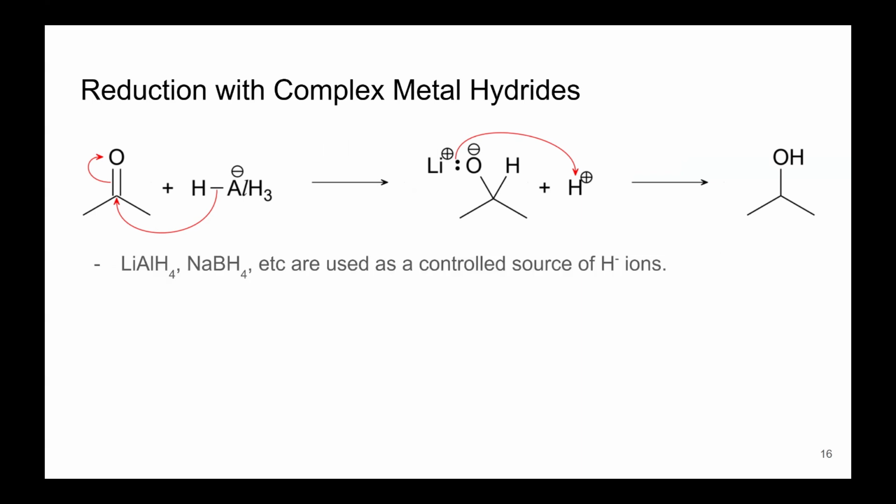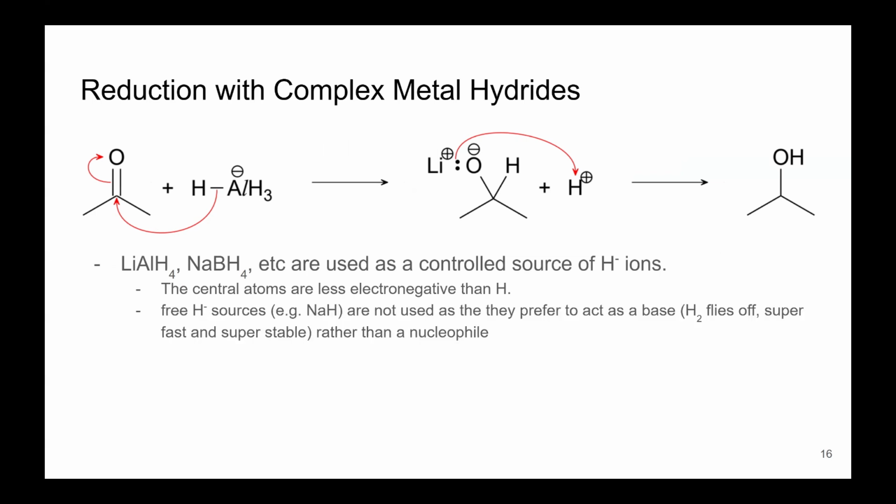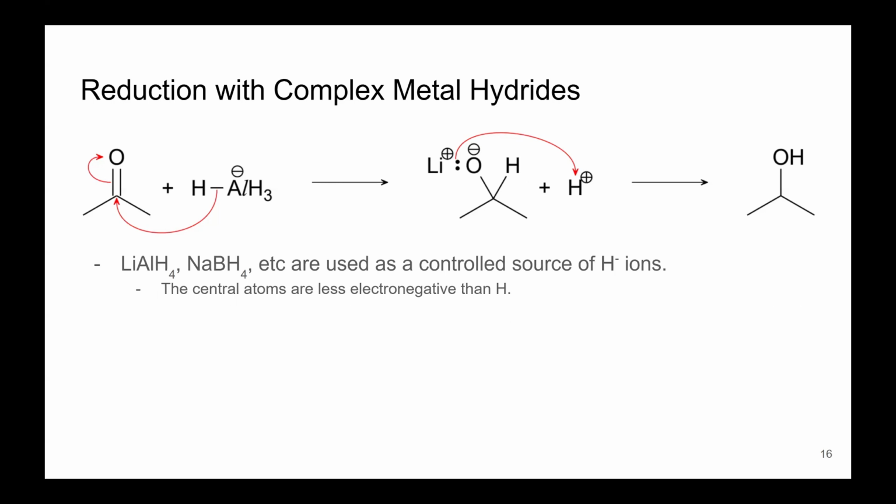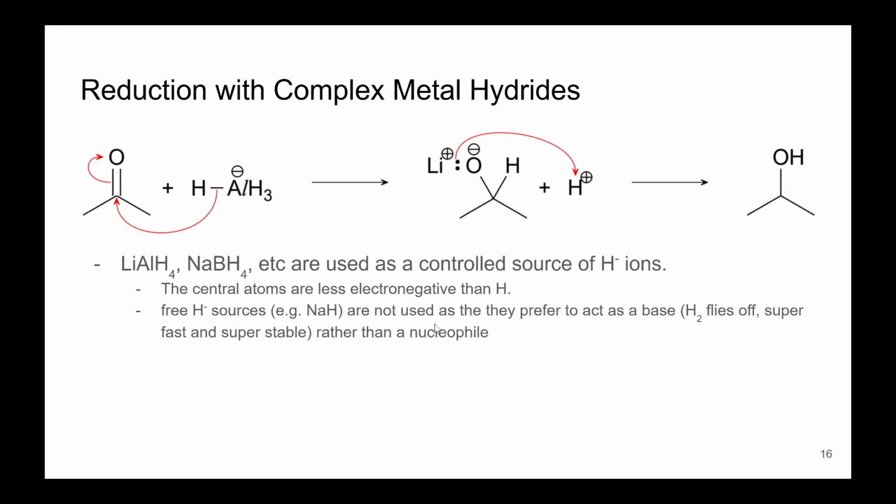First, complex metal hydrides. LiAlH4 and NaBH4 are used as a controlled source of H minus ions. The central atoms are less electronegative than hydrogen, and because of that, the H will carry over the bond pair to attack the electrophilic carbon. So you have an equivalent of H minus. Free H minus sources such as NaH are not used.